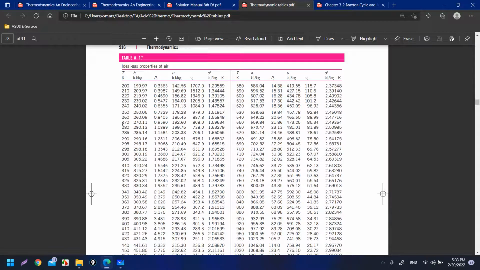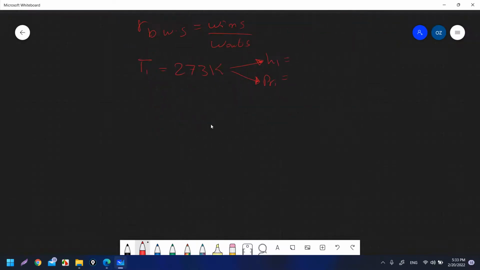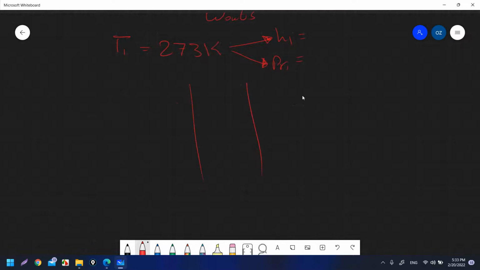So 273 is between these two numbers, so I need to do interpolation. Let's do interpolation in order to find H and PR, between T, H and PR. So T is 270, T1 is 273, 280. H will be 270.11, H1, I want to find H1, 280.13.